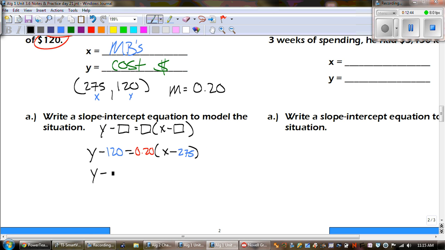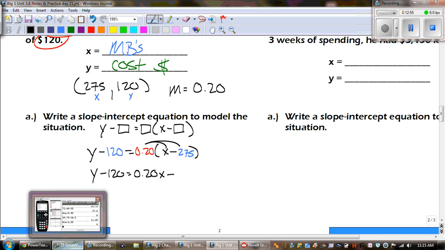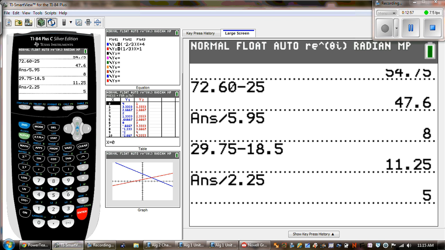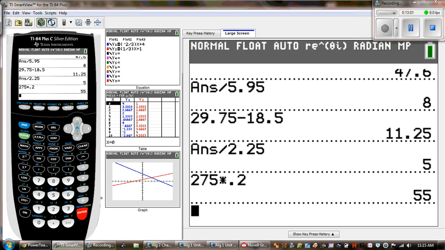When we're solving this, the first thing we have to do is distribute. We get 0.20x minus, I don't know that off the top of my head, do you? Well, let's find out. 275 times 0.2, and we get 55.